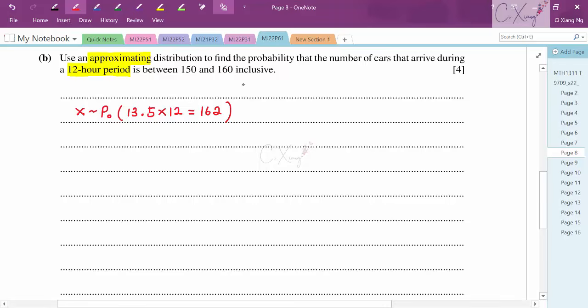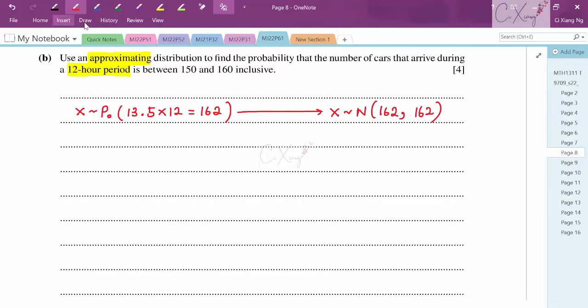Since the lambda is already more than 15, you can change X to a normal distribution. For the normal distribution, we need to input the mean and also the variance. Mean and variance for the Poisson distribution are both the same, so I should write 162 here for the mean and also 162 for the variance.